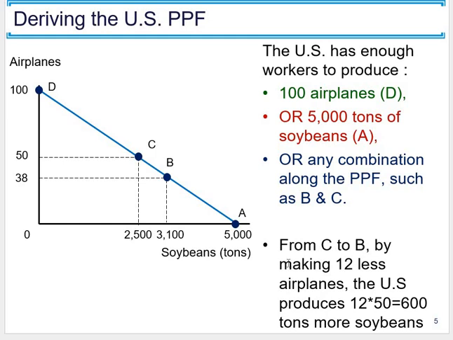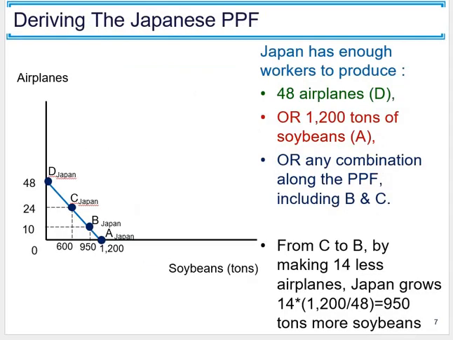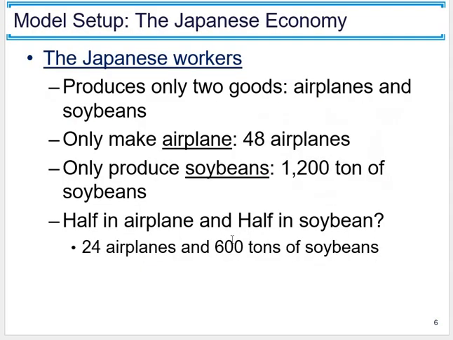Now let's take a look at the Japanese economy. For Japan, their workers can also produce airplanes and soybeans. If they let all the workers focus on airplane production, they can produce only 48 airplanes.